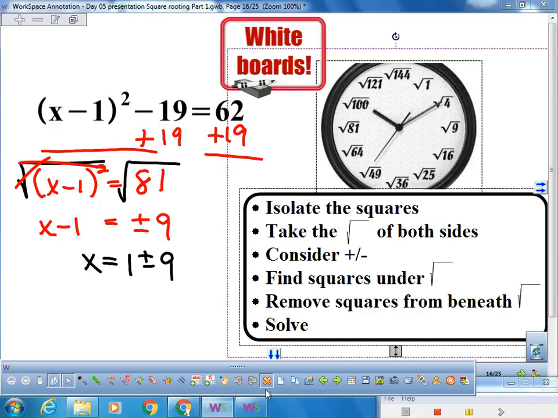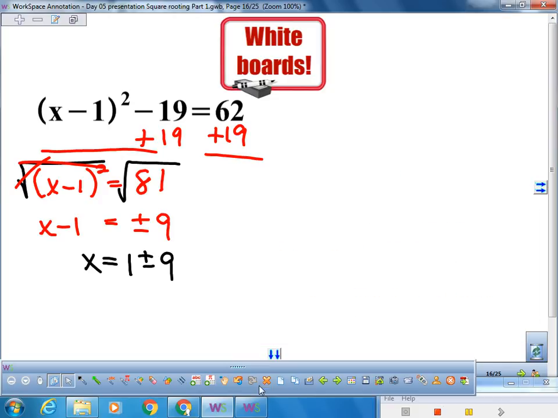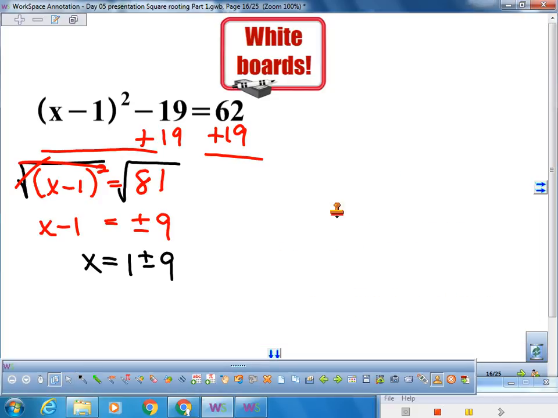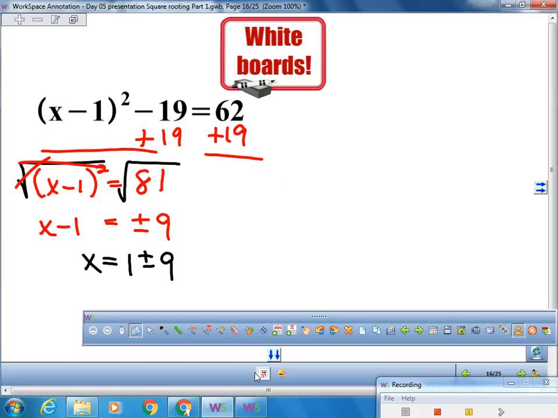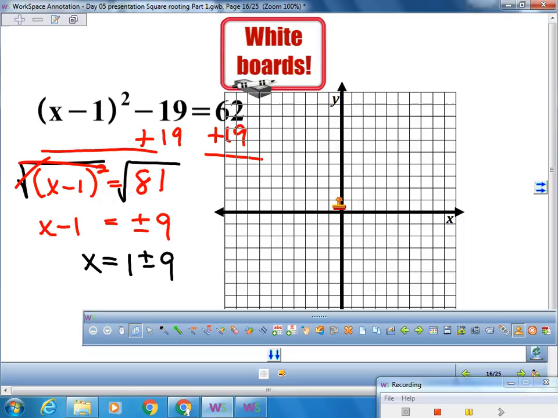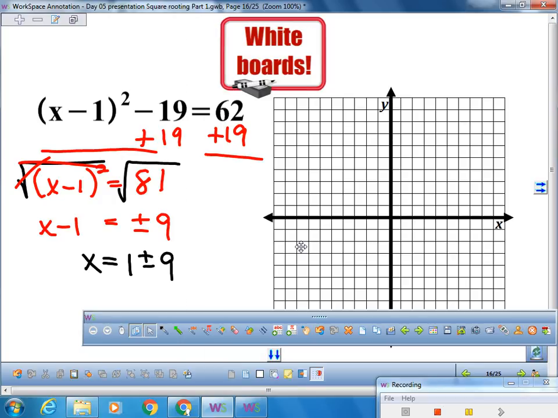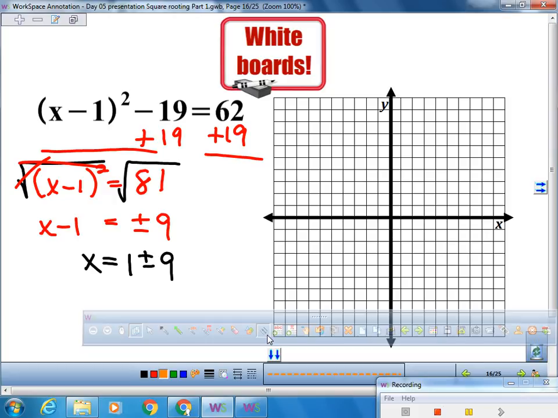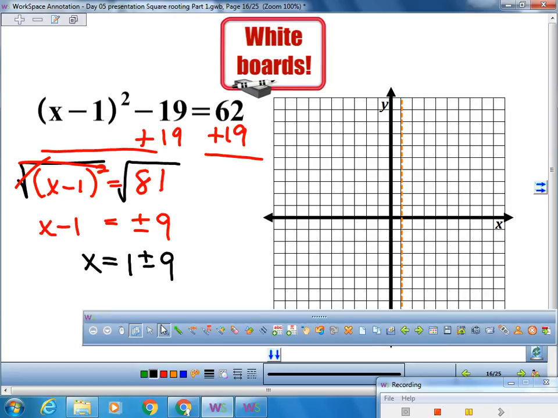Graphically, what this looks like, wait for it, it's coming. There we go. Graphically, what this looks like is I have an axis of symmetry at 1. And if I were to subtract 9, I'd end up at negative 8.